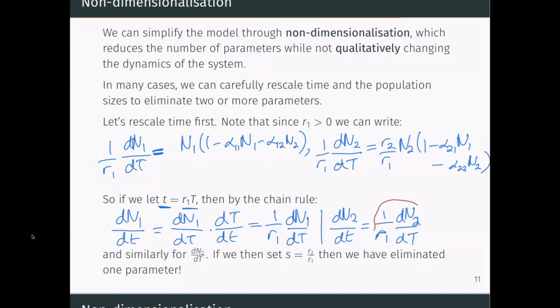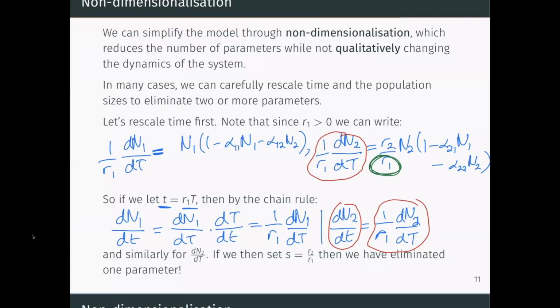So we can replace the thing circled in red with dn2 dt. At this point, though, I haven't eliminated this r1 yet because I've still got this tricky r1 on this right-hand side. But r2 and r1 are just numbers.